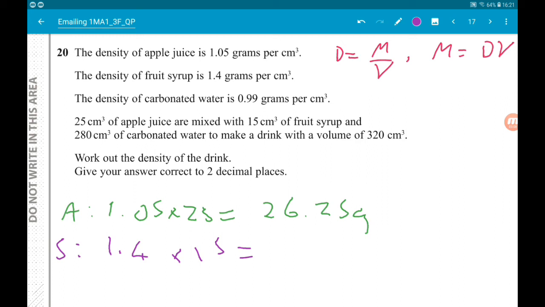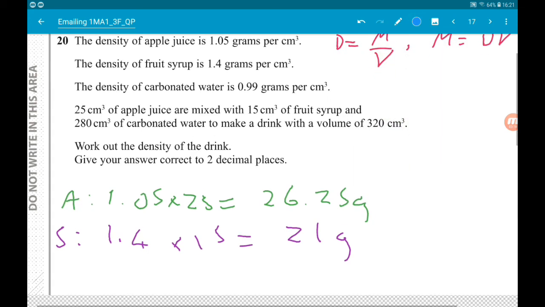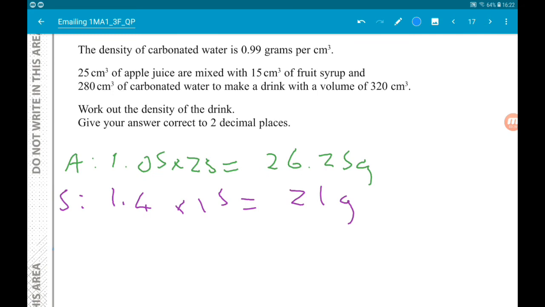That's going to give us 21 grams. And then for the water, 0.99 times 280. And that gives us 277.2 grams.